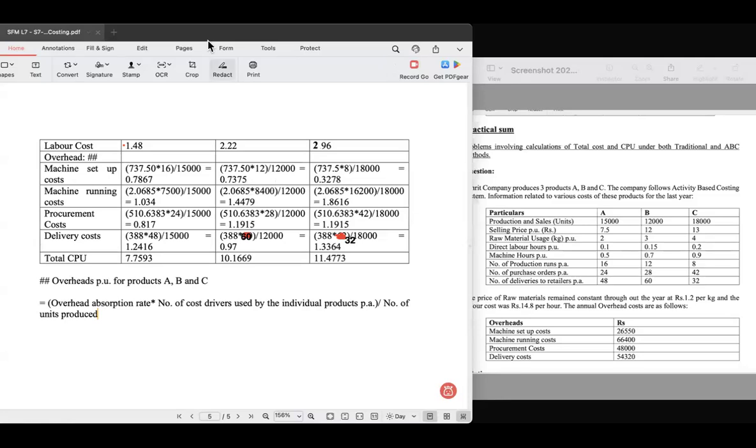So these numbers are rounded off to their nearest. 388.60, 1.94. See, I said there is an error. 388 into 60, 1.94. Okay, this is 1.94.